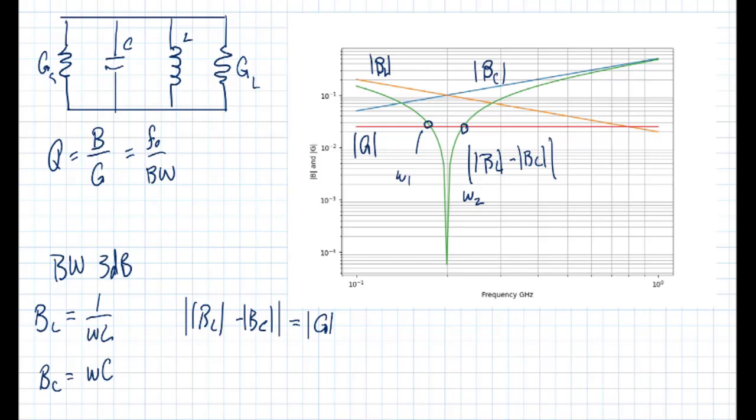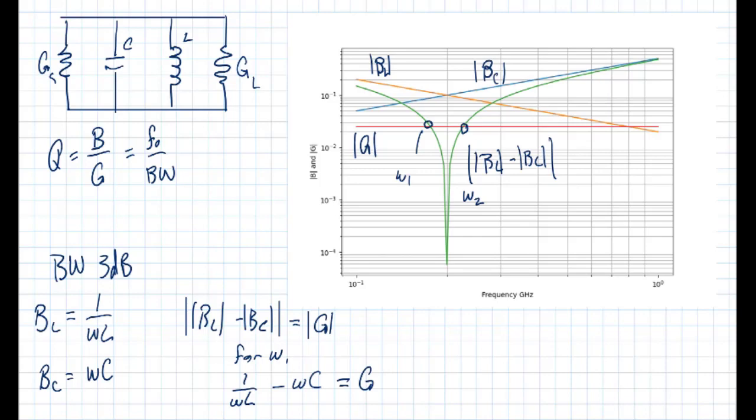So for omega 1, we can say 1 over omega L minus omega C. That difference, that combination, since they have opposite signs that are going to detract from each other, we're reproducing that green trace, and at the lower 3 dB point, that magnitude is going to be equal to G. Now at the upper 3 dB point, the magnitudes of the susceptances have flipped, so the capacitive susceptance is larger.